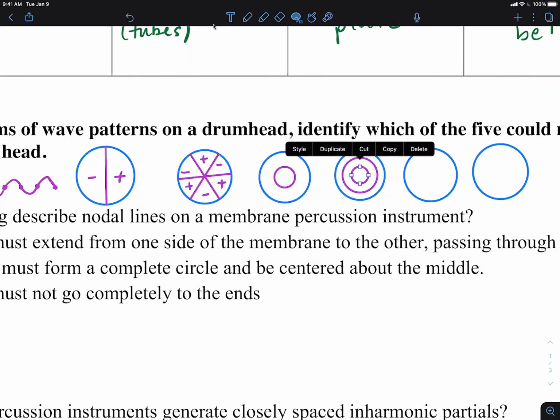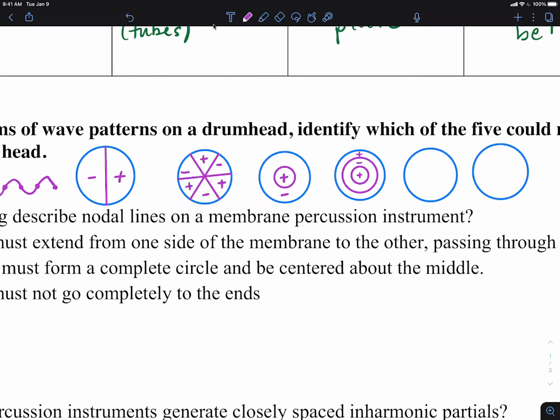Those would be different kinds of modes that would have circular nodal lines. That means, again, that adjacent sections are out of phase. So if the inside was going up, the outer ring would be going down, and if the outer ring's going up, the inside would be going down. And here you would have plus minus plus, meaning the outer ring and the middle would be in phase, going up together while the middle ring was down, and then they would switch back and forth. So these are radial modes with straight line nodal lines and circular modes with these circles.